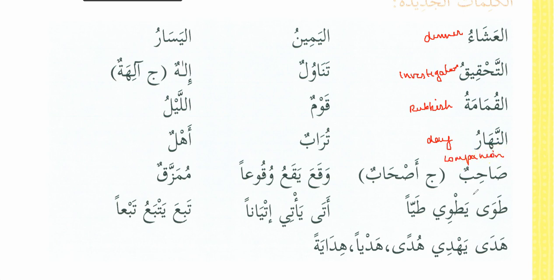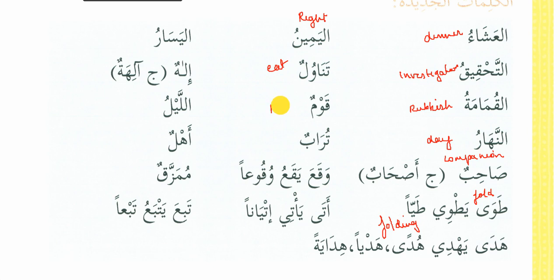Tawa is to fold, and yatwi, he folds. And tayyan means the folding. This is the masdar, actually the verbal noun. Yamin, the direction. Tanawulu, to eat.